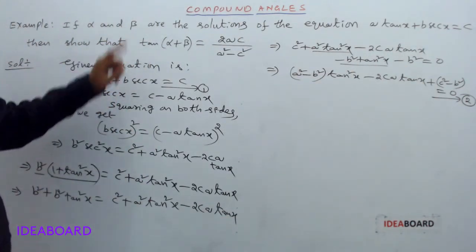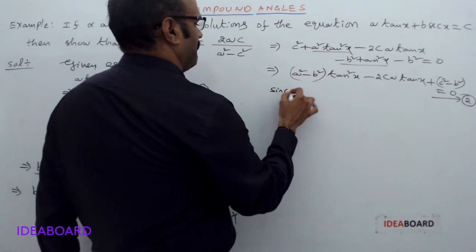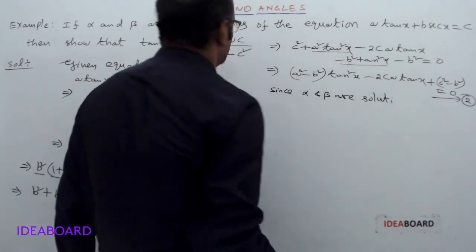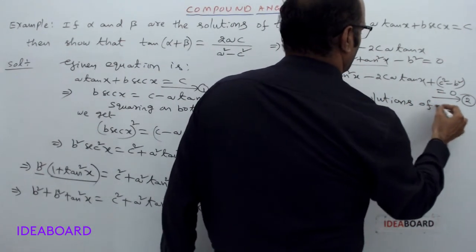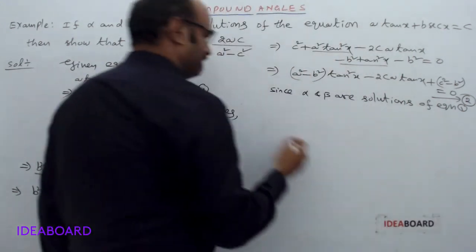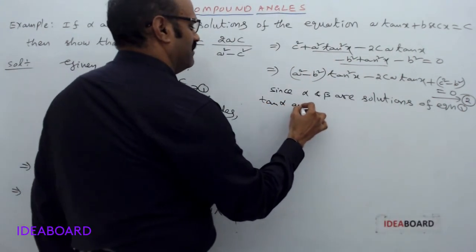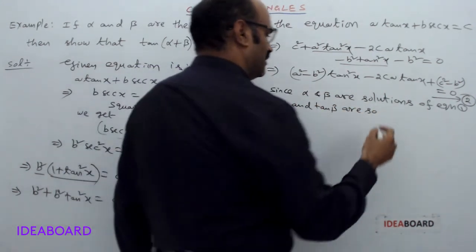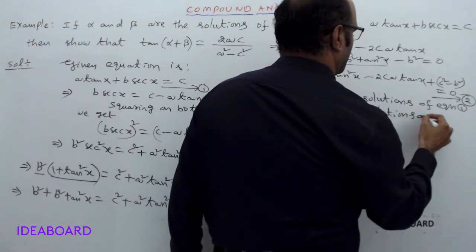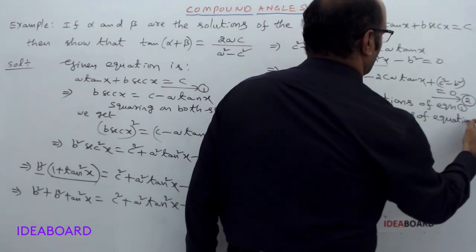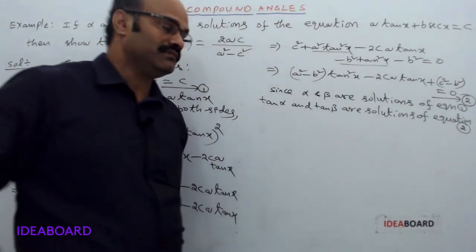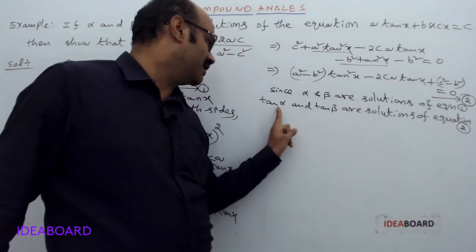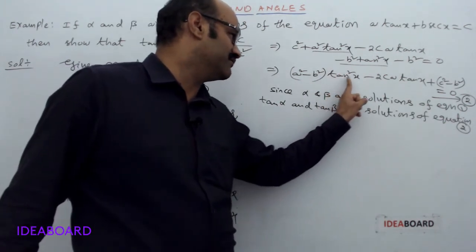Since alpha and beta are solutions of equation 1, tan alpha and tan beta are solutions of equation 2.